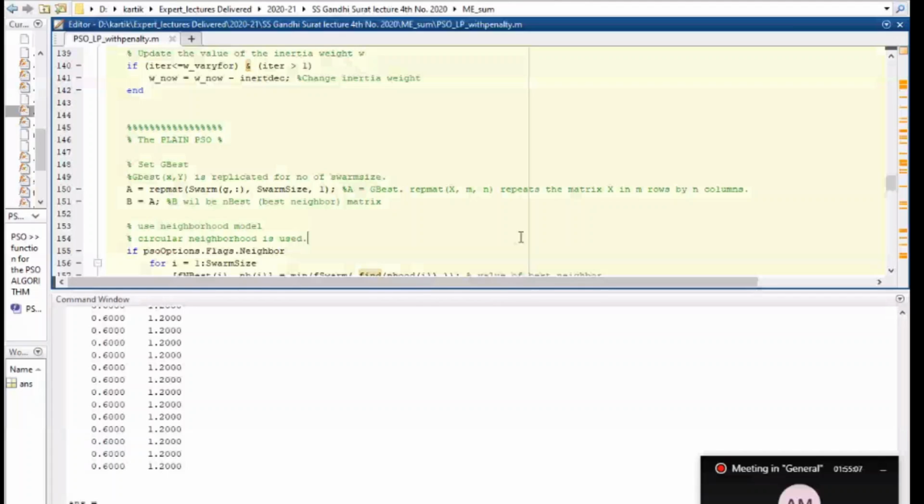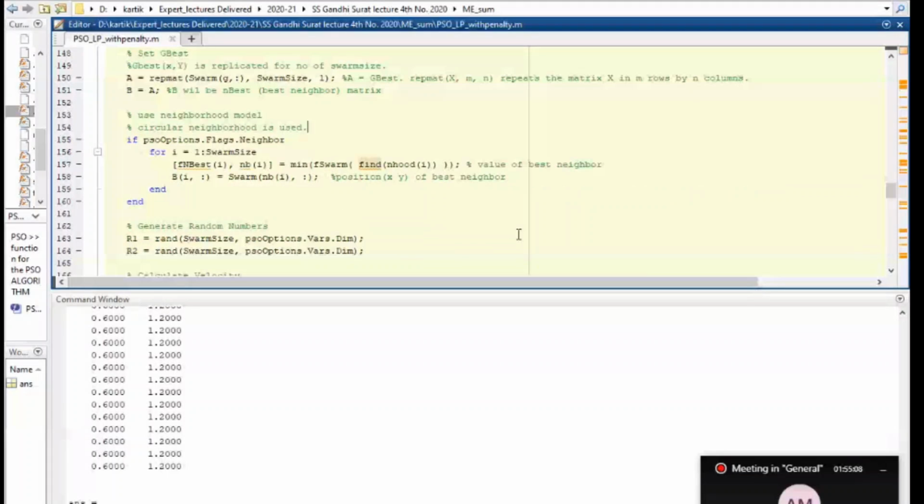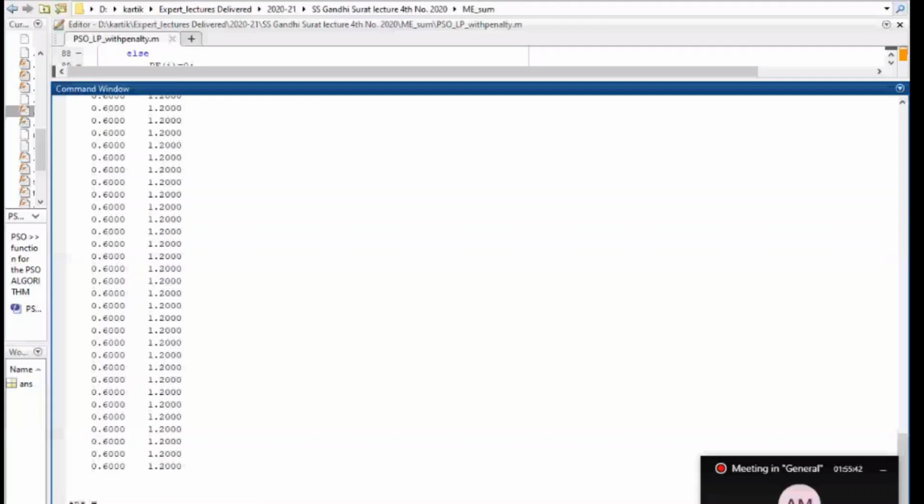And best values of x1 and x2 are 0.6 and 1.2, and b is 16. That is the index of the global best particle. It means the 16th particle is the best one. It is 0.6 and 1.2, and the best value, meaning the function value, is 2.4. Right? So this is the constrained optimization using PSO.